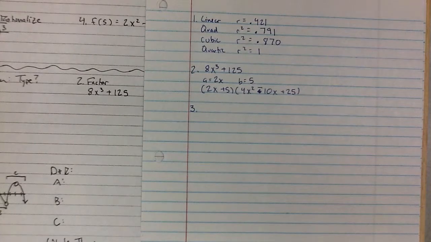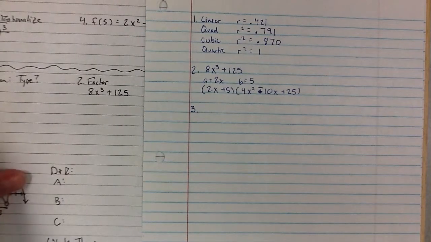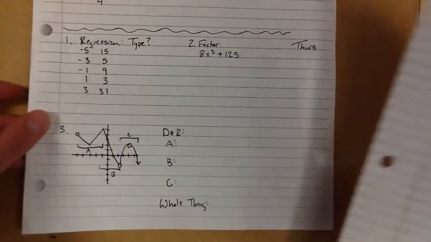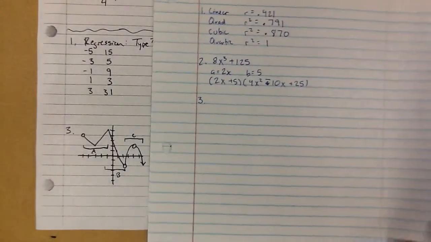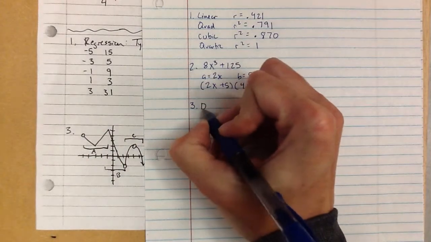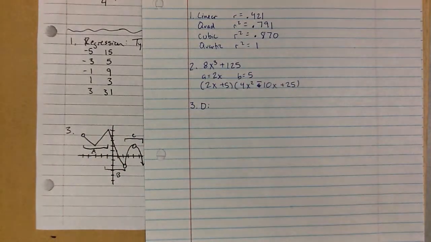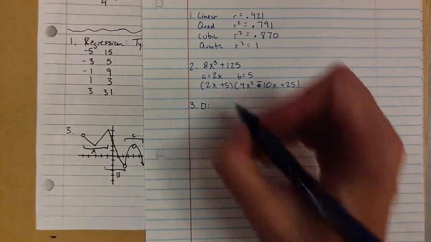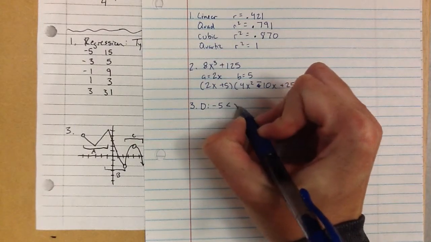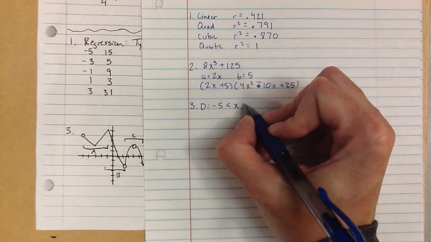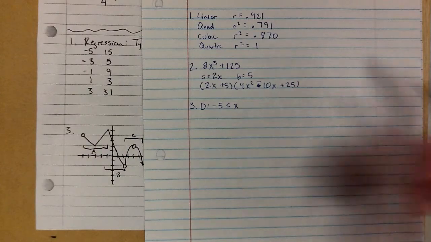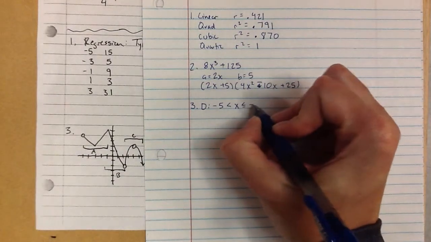Third one, talking about domain and range of our function here. Alright, so for part A, what's the domain of part A? -5 less than or equal to x, less than or equal to -1.